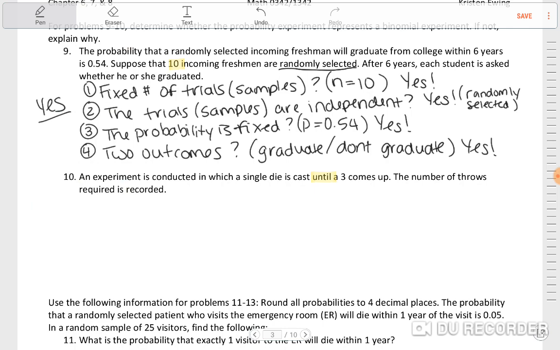So every time you might be rolling it only 2 times, you may be rolling it 5 times, but it's going to change every single time you do the experiment. So for the very first one, fixed number of trials, that's a no. So this is a no, not a binomial experiment. Okay.